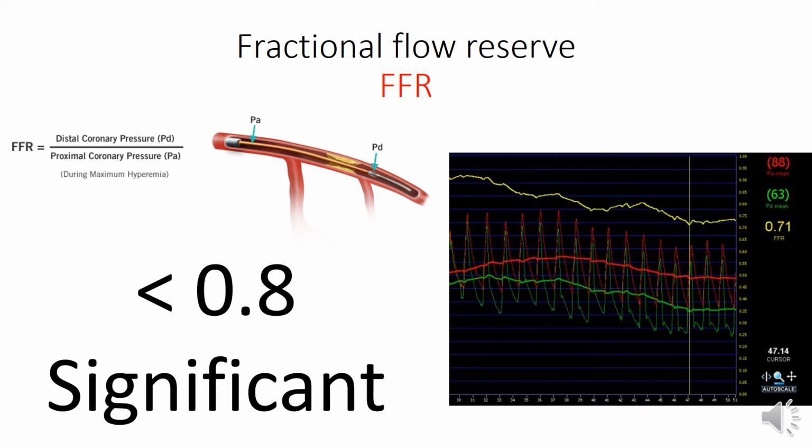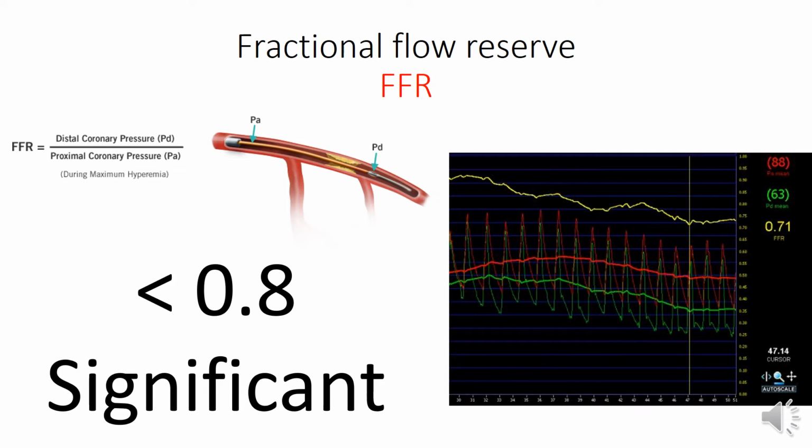Another more physiological and reliable method is assessment of the fractional flow reserve, or FFR. Simply, it utilizes the equation that flow depends on pressure and resistance. When we neglect the resistance by giving a vasodilator drug like adenosine, the flow can be replaced by pressure, or in simple words, flow equals pressure.